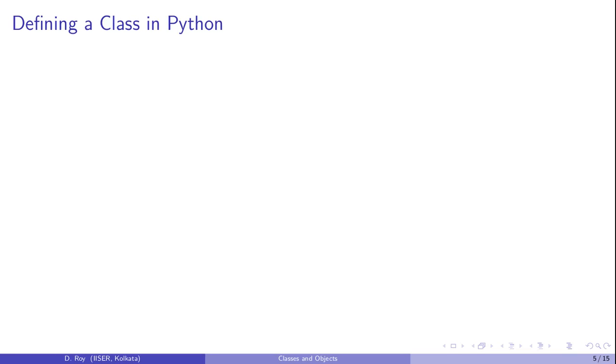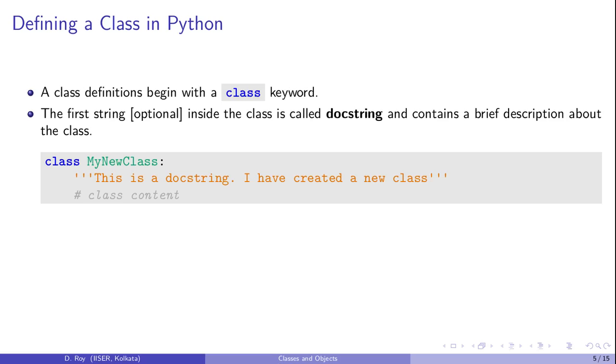Now, to define a class, there is a designated keyword called class, and the class definition should begin with that keyword. The first component inside a class is a string which is called a docstring, or in full form documentation string, and it contains a brief description about the work that the class is written for.